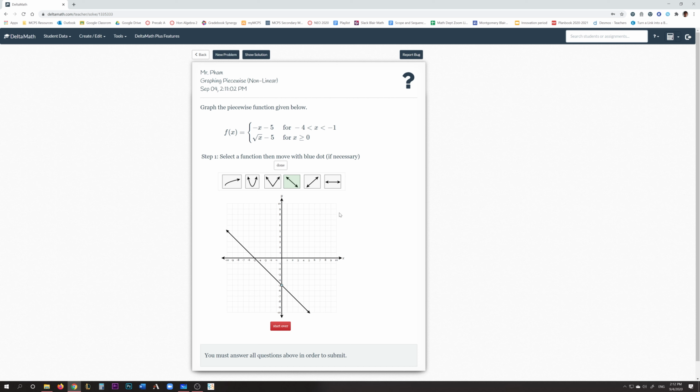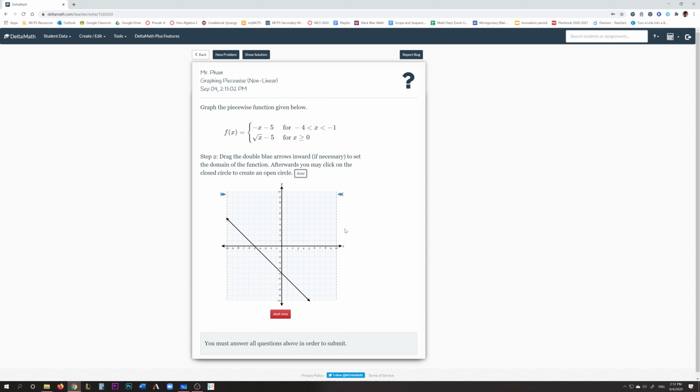All right, let's start with the piecewise function. Done. Now drag the double blue arrows inward if necessary to set the domain of the function. Okay, so that's cool. So this is very interactive. Our domain is from -4 to -1, so we can drag this piece to -4.